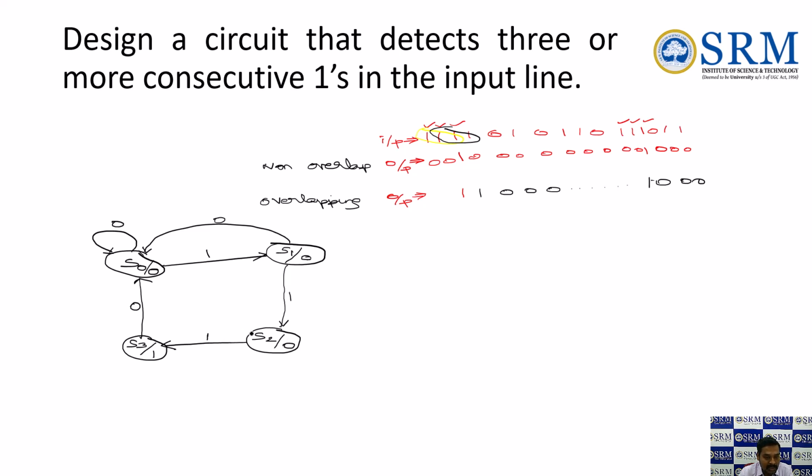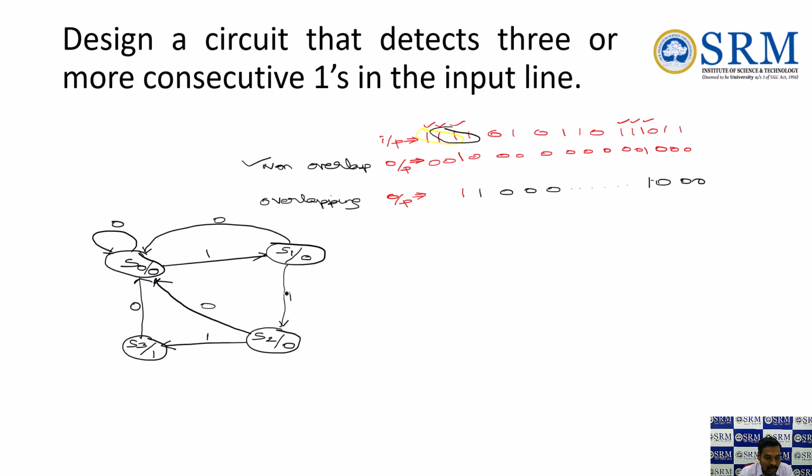If at this state I'm receiving 0, then it has to move to the S0 state. My output is 0. Got it? Because we are dealing with a non-overlapping sequence detector, not an overlapping sequence detector.